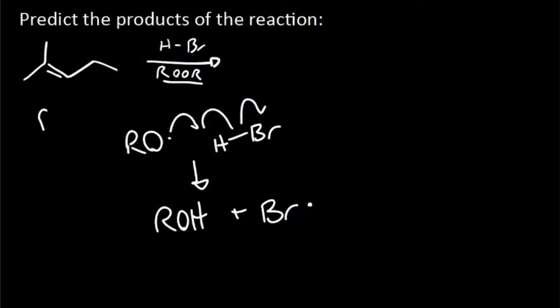So this bromine radical is going to attack the double bond, and he is going to attack it so that it forms the more stable radical. So he's going to attack here, and you've got to draw half arrows for each side. Let's draw a half arrow here and a half arrow here, and then this other electron in this bond is going to be going up there into the tertiary radical.